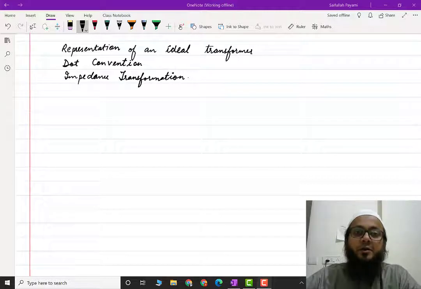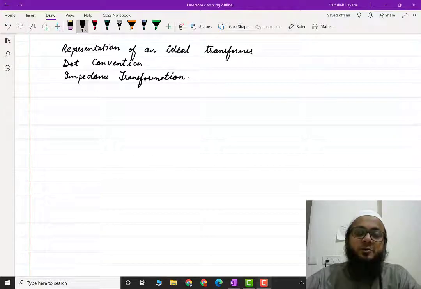Then we talked about the ideal transformer, where we laid down four conditions: the permeability of the core is infinite, the core has no eddy current and hysteresis losses, the windings have zero resistance, and there is no leakage flux.